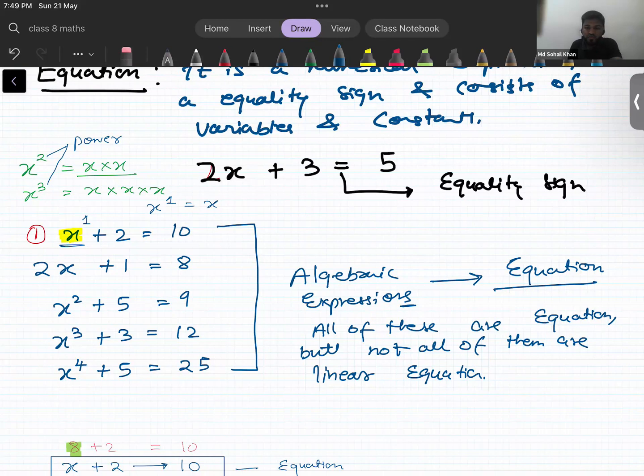So those equations in which the power of the variable is 1 are simply called linear equations.